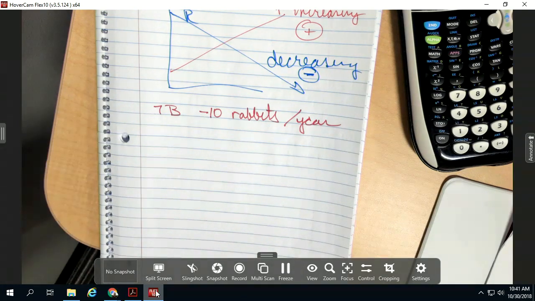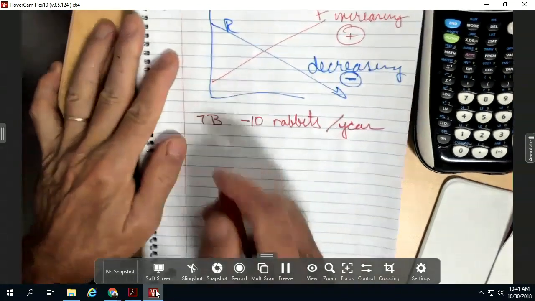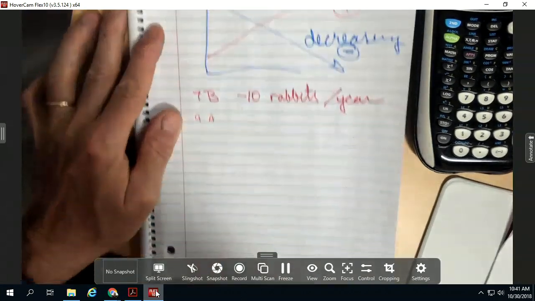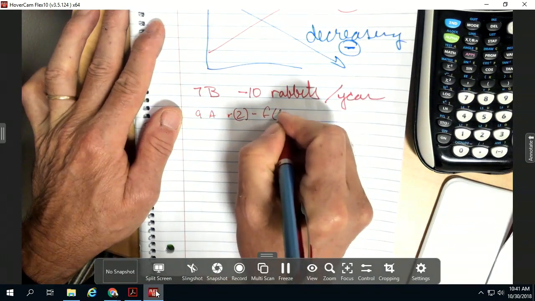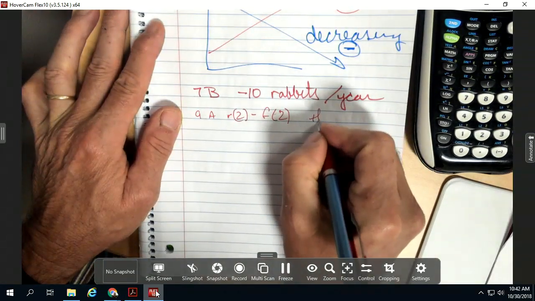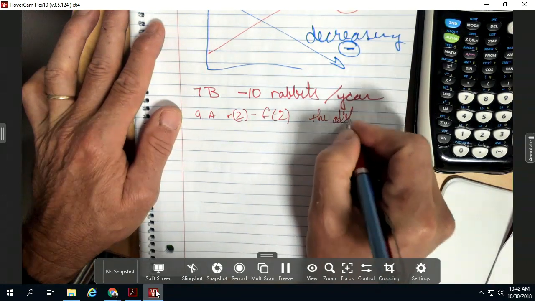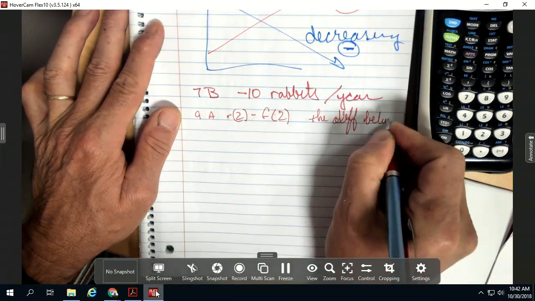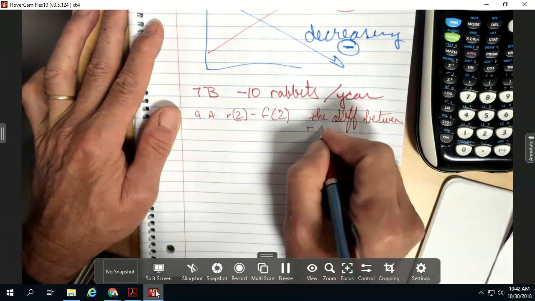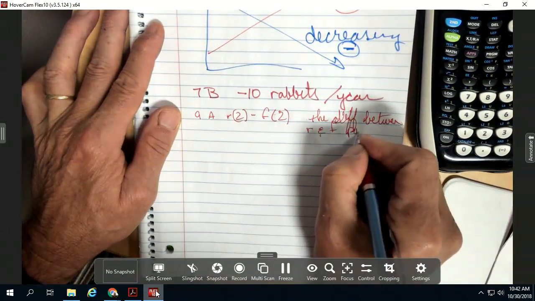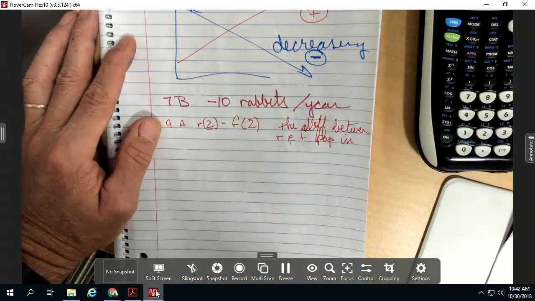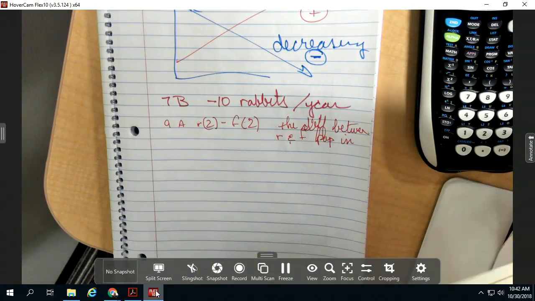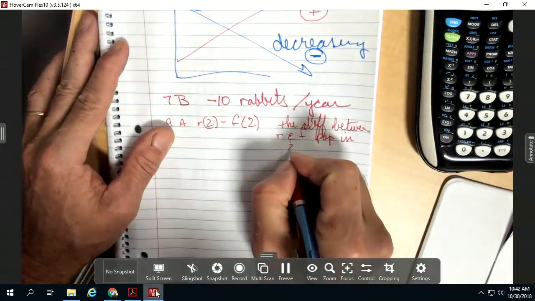A. R of 2 minus F of 2 means the change or the difference between the rabbit and fox population in, I forgot what year it was, (2007).